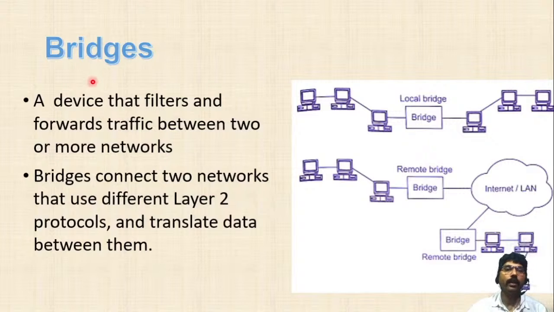Next device is called bridges. A bridge is a device that filters and forwards traffic between two or more networks. Here, bridges connect two networks that use different layer 2 protocols and translate data between them.